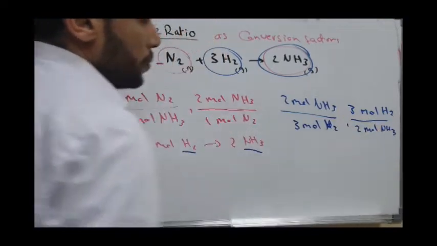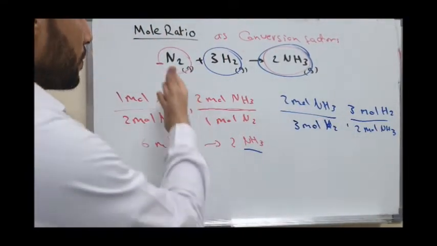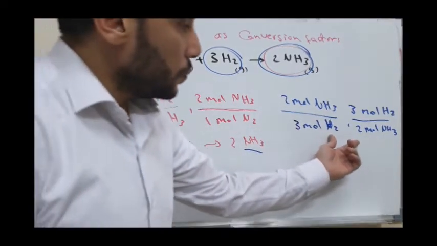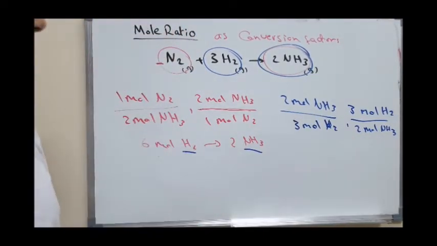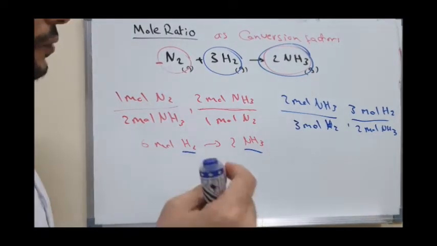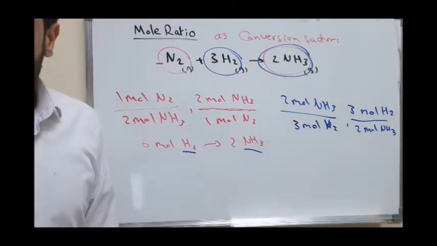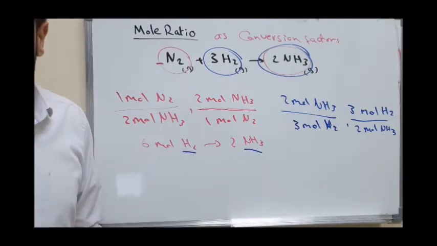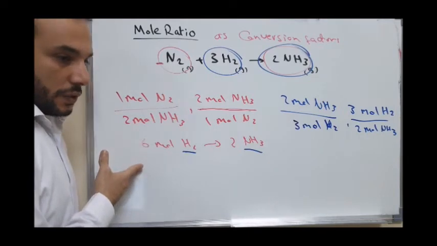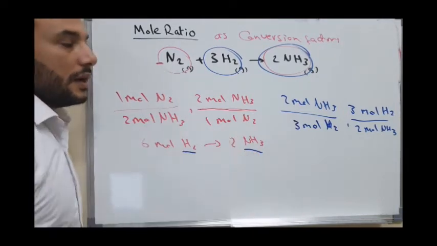So those are the suitable mole ratios we can conclude from the balanced chemical equation. But which one of them will we use in solving this example? As I said before, we read the conversion factor from the denominator to the numerator. The denominator is the known and the numerator will be the unknown.